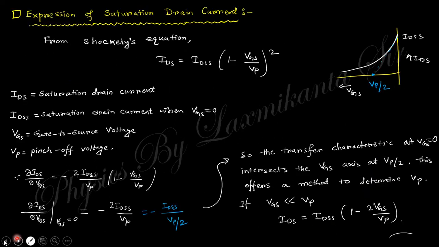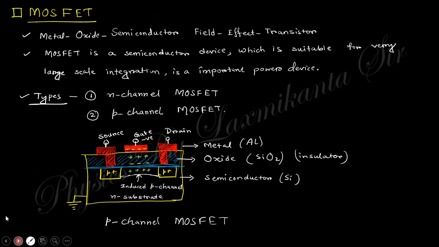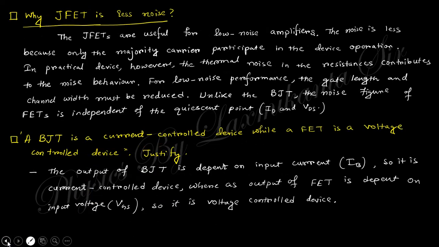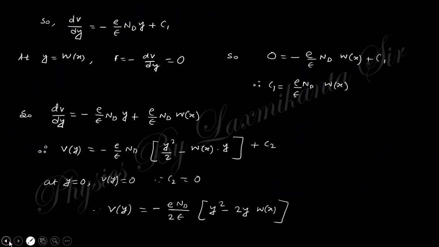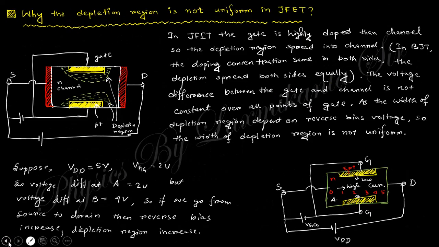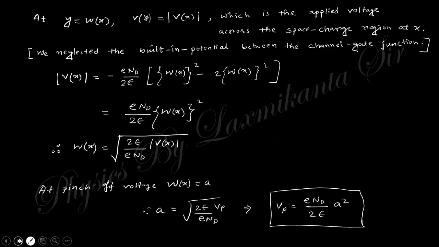Sorry, there is no diagram here. This is MOSFET. There is no diagram available in this region. The diagram is this one. Memorize this diagram and take this into account.